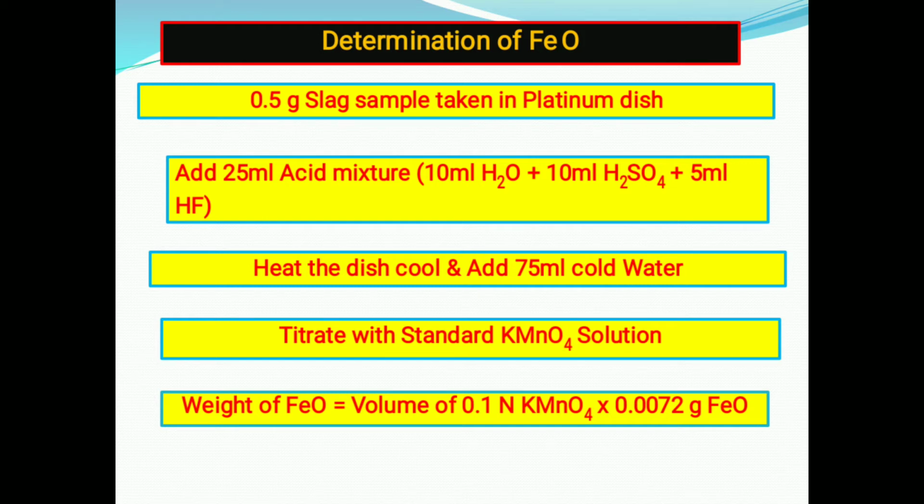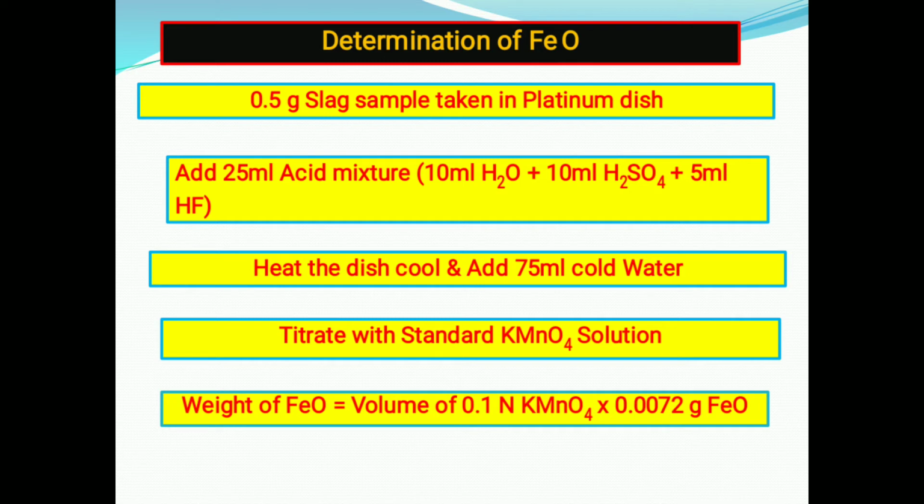Because KMnO4 acts as a self indicator. So the weight calculation of FeO is equal to the volume of 0.1 normal KMnO4 into factor 0.0072 gram. That is FeO.